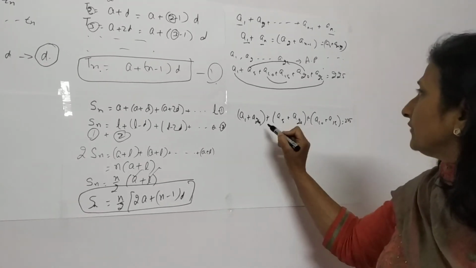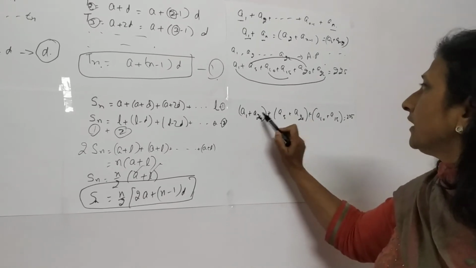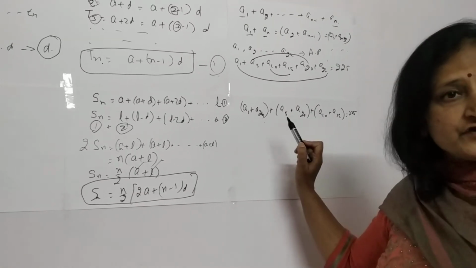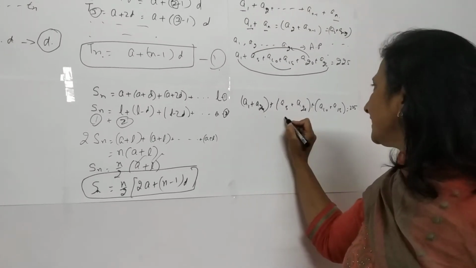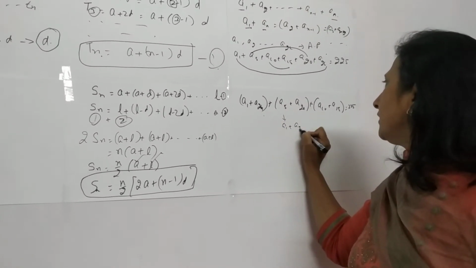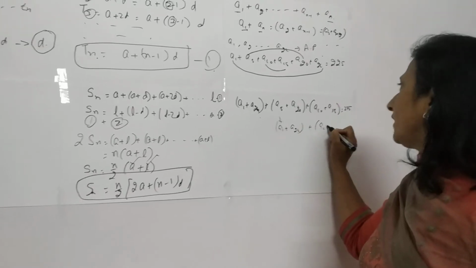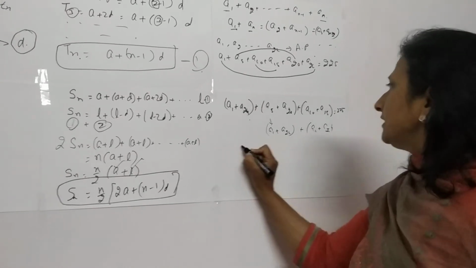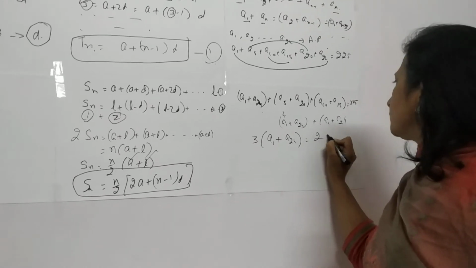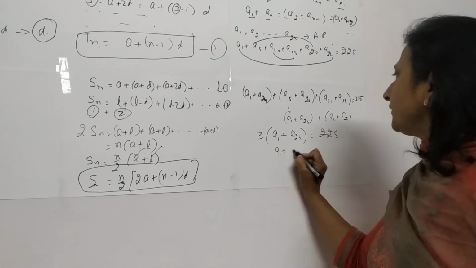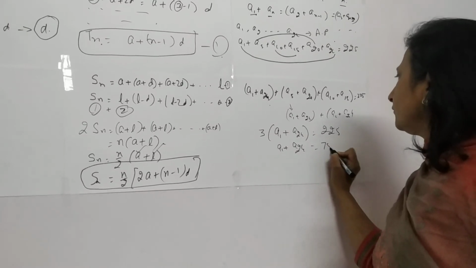I just explained that the sum of these equidistant terms is always constant and equal to the sum of the first and the last term. So this becomes 3 times A1 plus A24. Hence it is 225, so we observe A1 plus A24 is equal to 75.